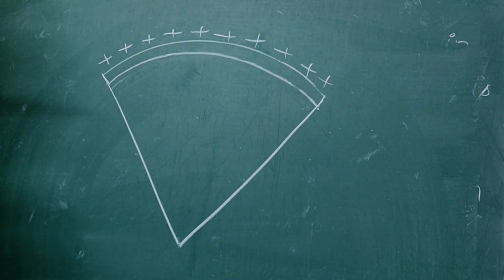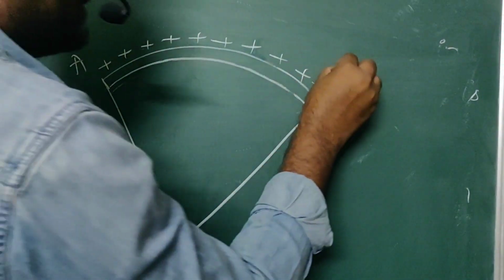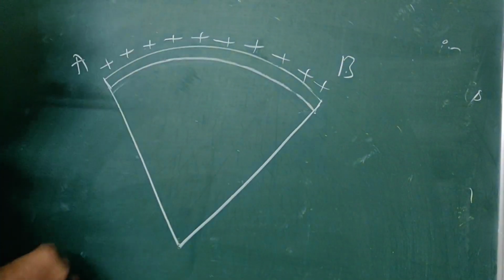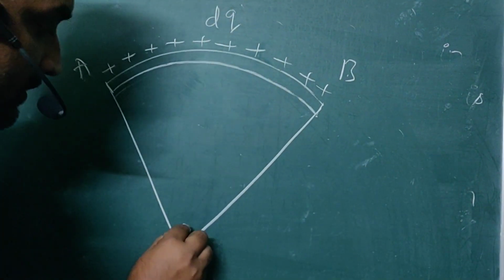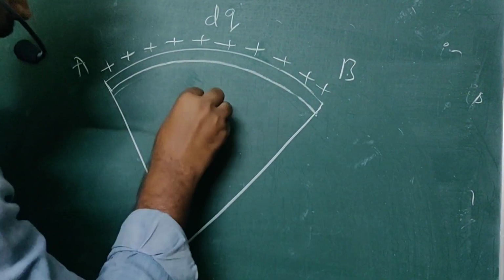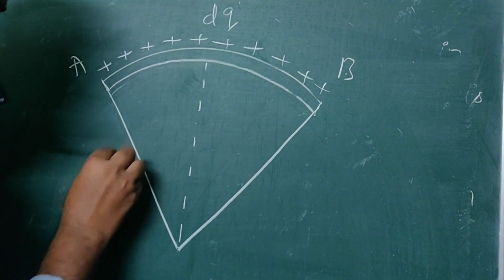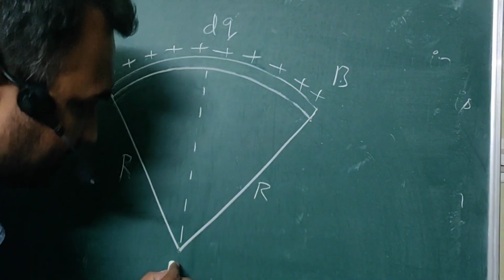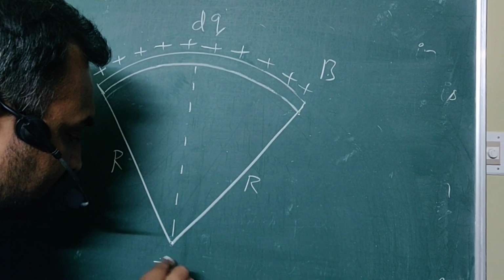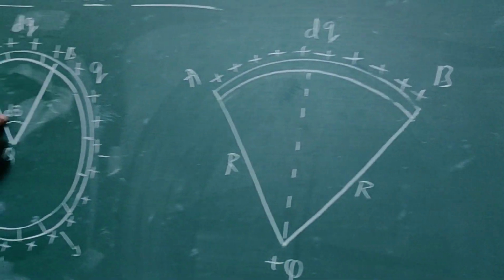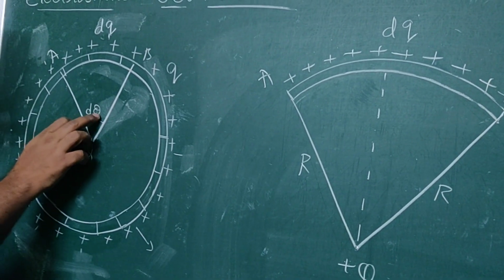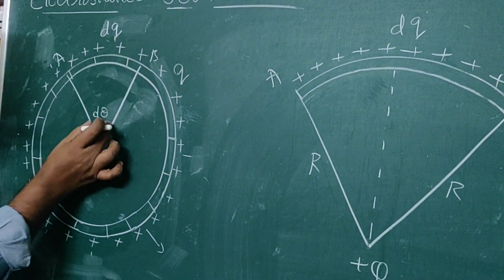I call this AB length, and the total charge on this is dq. This is the radius and this is also a radius, and here at the center we have the point charge capital Q. The angle created at the center by the small segment is d theta.